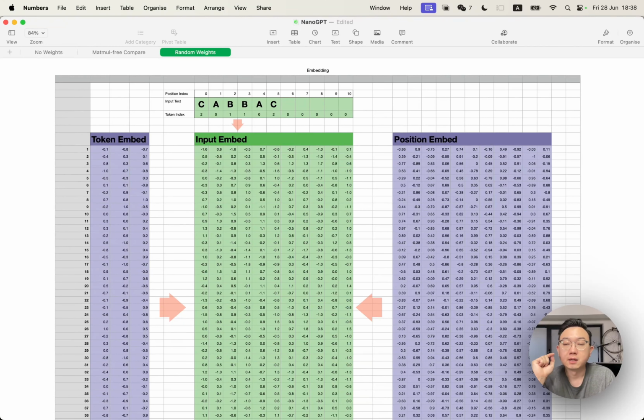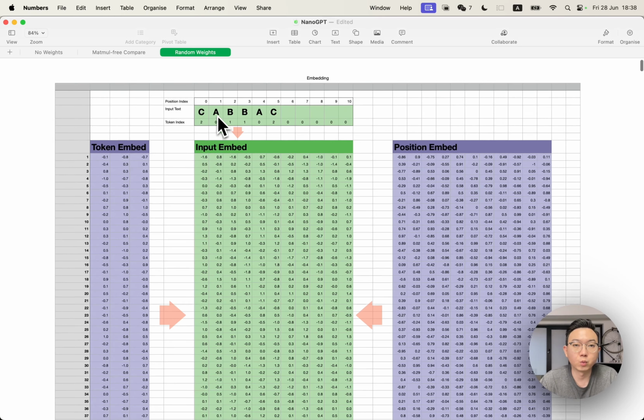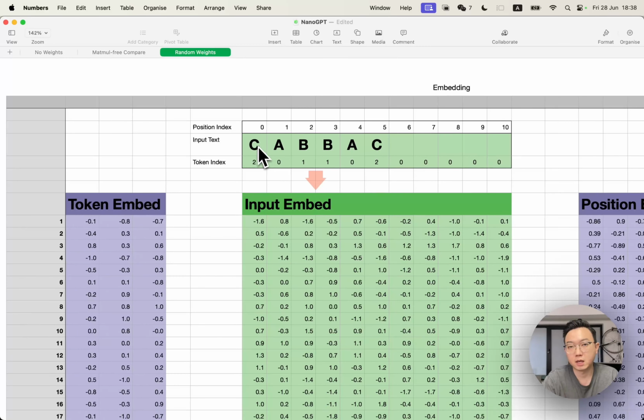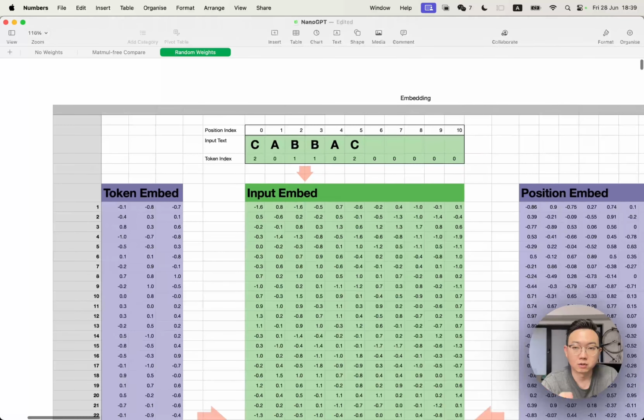So with that being explained, we can look at the very first part of the pipeline, which is embedding. What's going on here is that the word that's being provided to the system, in this case 6 characters, CABBAC, is being given to this matrix by adding two things: a token embed and a position embed.